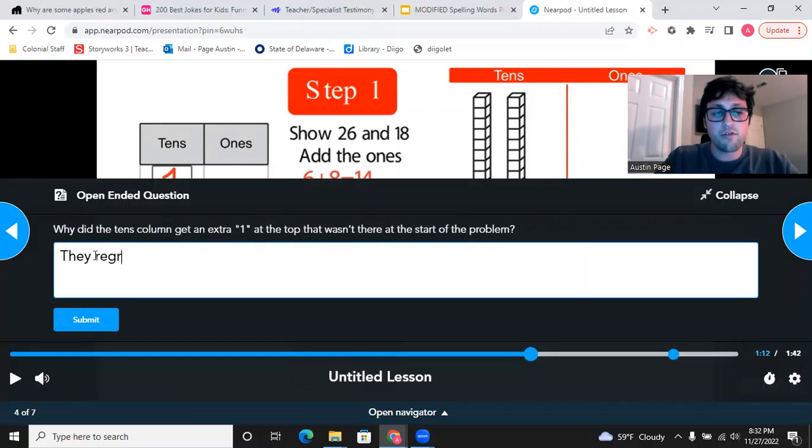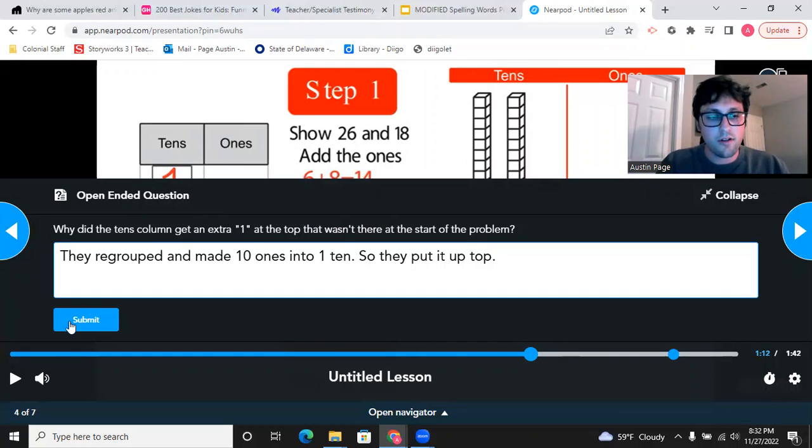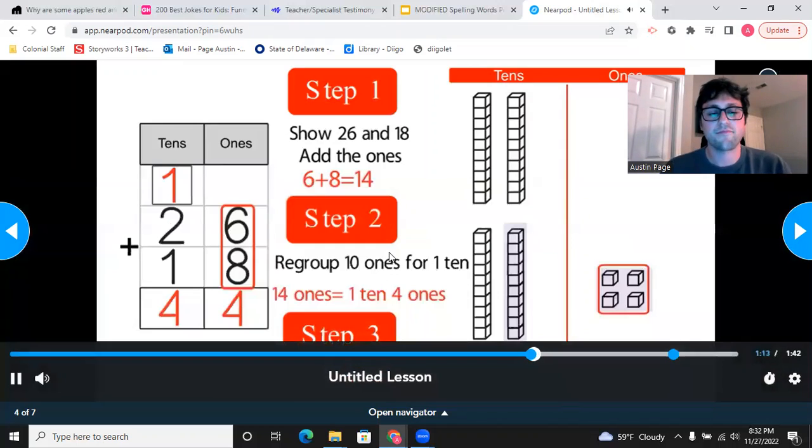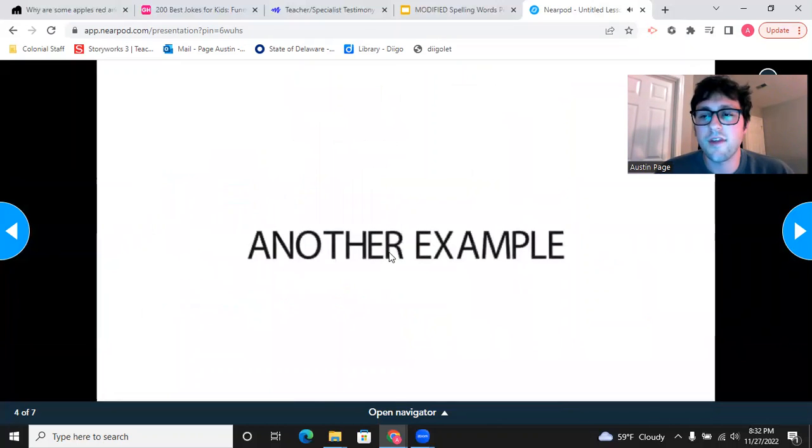They regrouped, that's what it's called, and made 10 ones into 1 ten. So they put it up top. Awesome. Let's try another example.